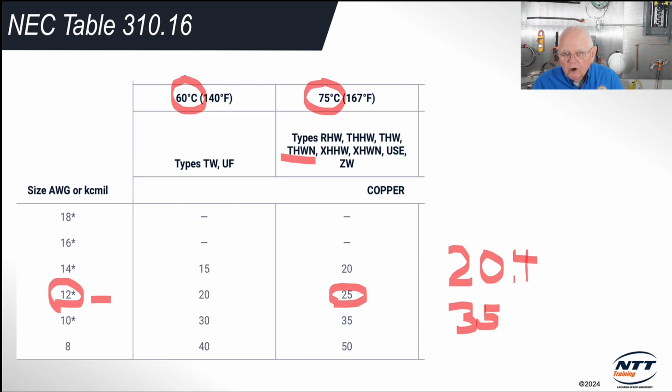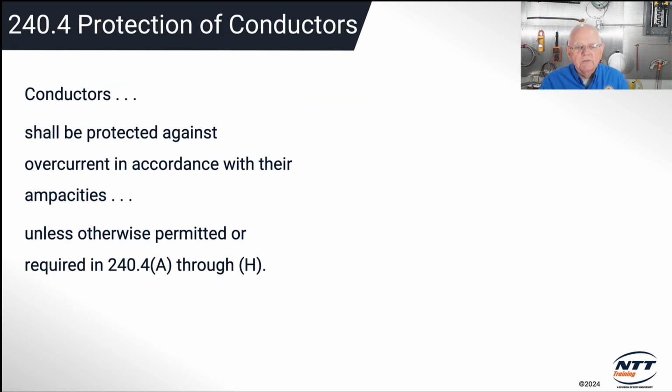So the overload protection is internal to the motor. The short circuit and ground fault protection is provided by the branch circuit. That's why we can use that 35 amp breaker in this case to protect that hermetic compressor. Because, once again, for short circuit or ground fault, the breaker trips instantaneously. For overload condition, the motor is protected.